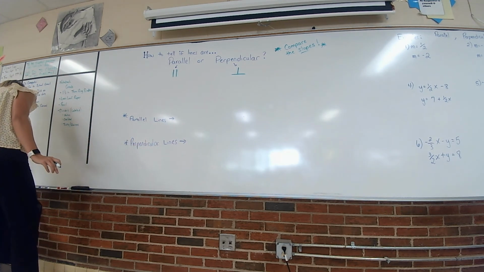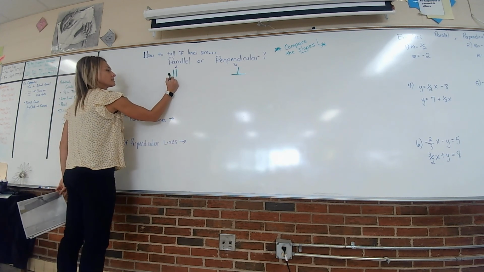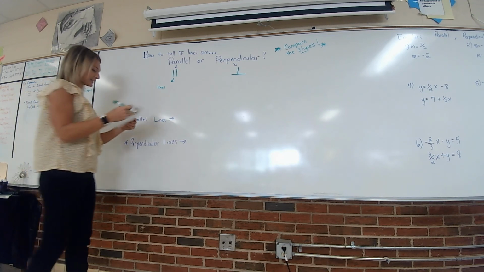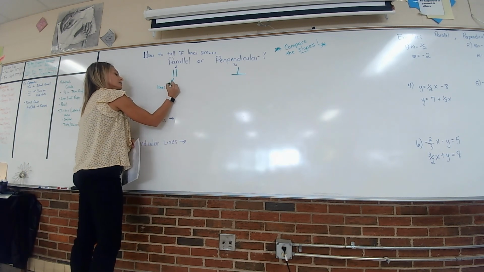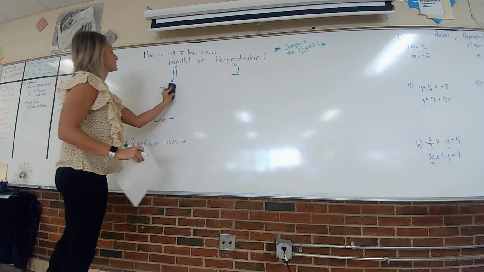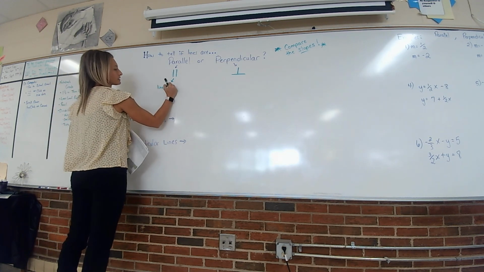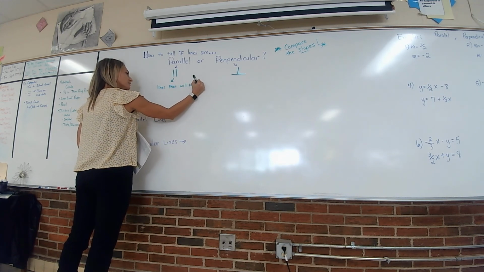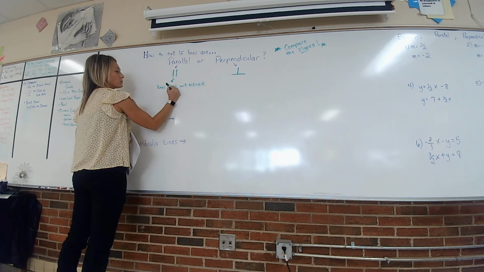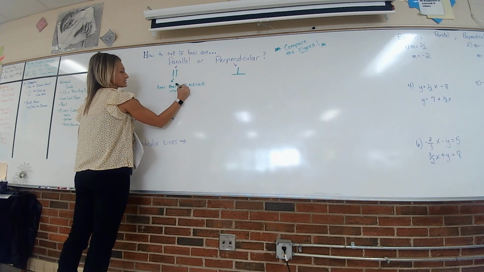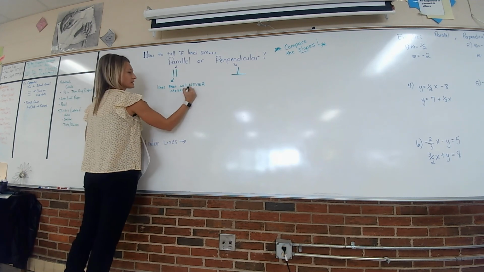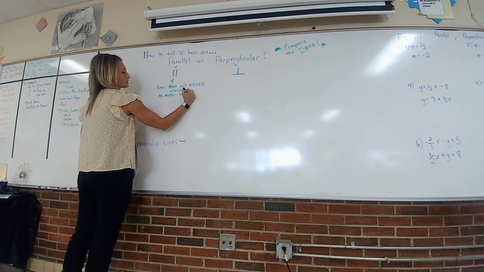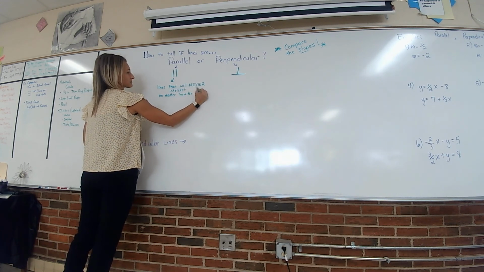And so these are lines that will never intersect, no matter how far you extend your lines. Okay, so lines that will never intersect, no matter how far you extend them.